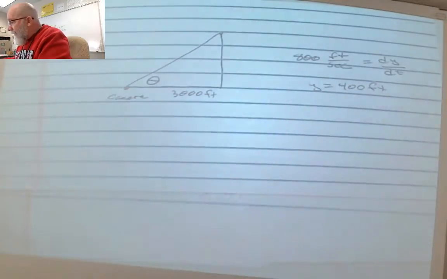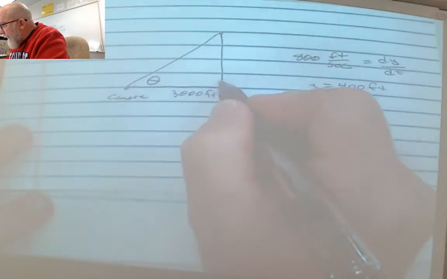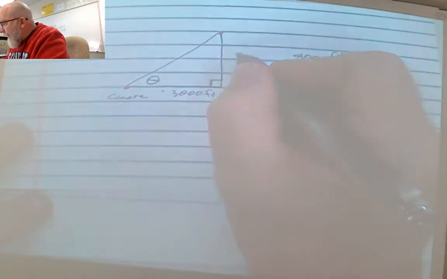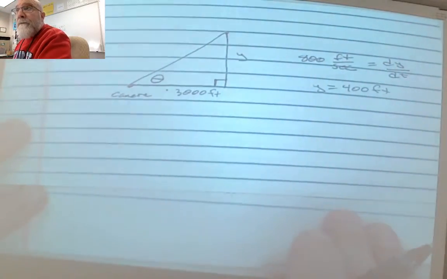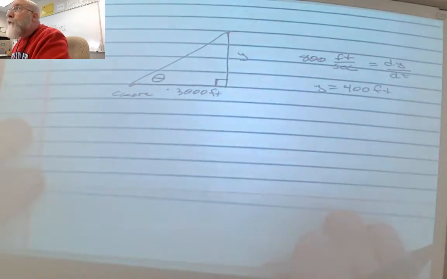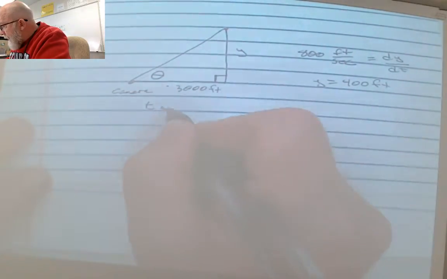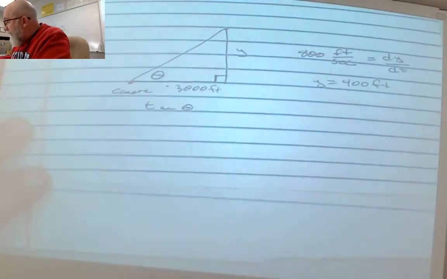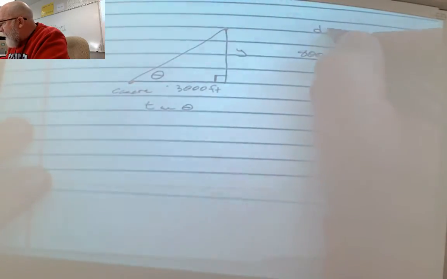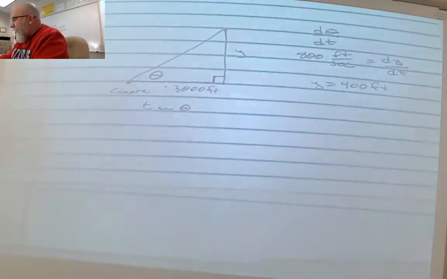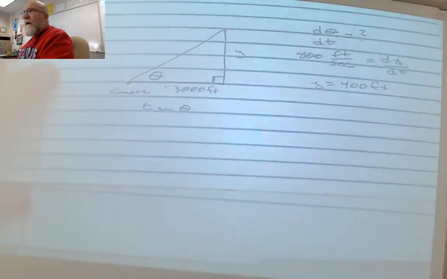So what you need to know is, here's a 90-degree angle, you're talking about this side, and you're talking about that side, correct? What trig function is that? Tangent. Does everybody see that? So I can write tangent of theta. If I want to know how fast the angle is changing, I want to find out, first of all, what d theta/dt is.